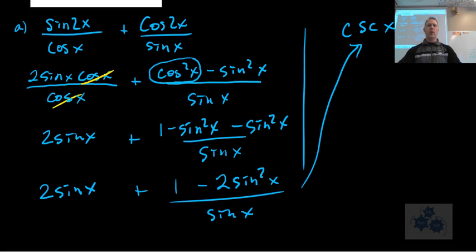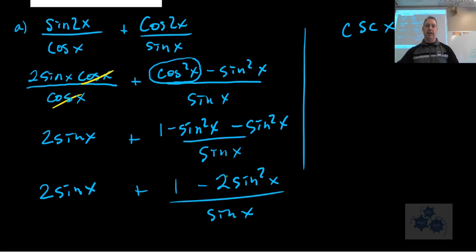So, does anything pop out at you guys at this stage? Any identity, any factoring we can do, any dividing of factors, any like terms? What do you think? You seeing anything there? 1 minus 2 sine squared x. That looks like there's some kind of identity there.